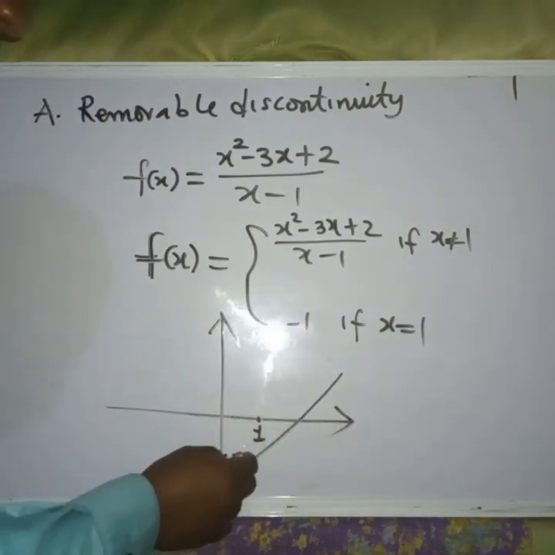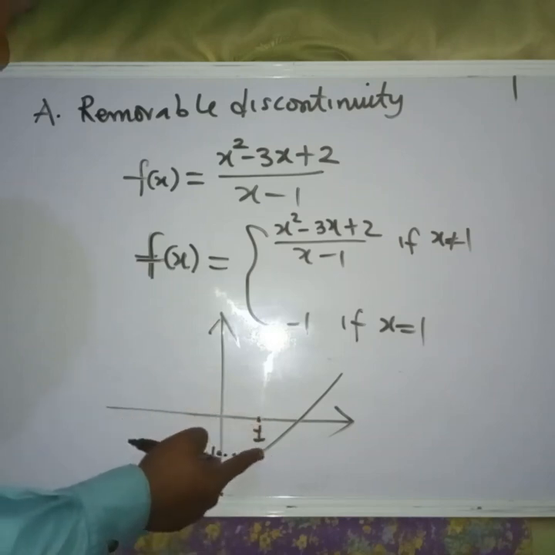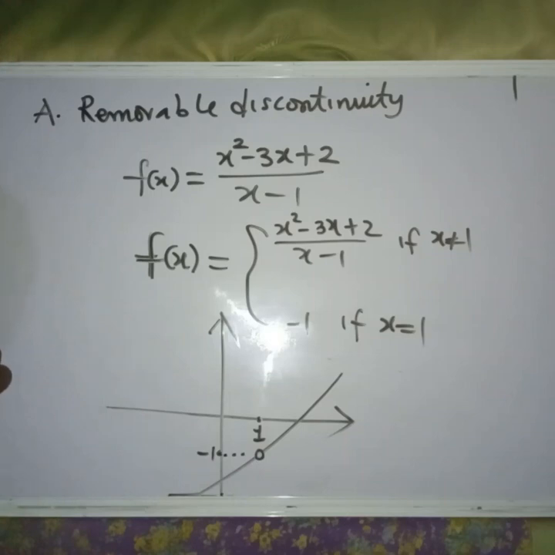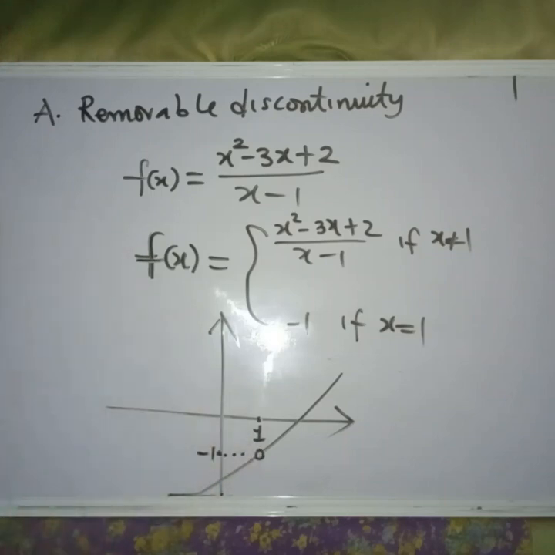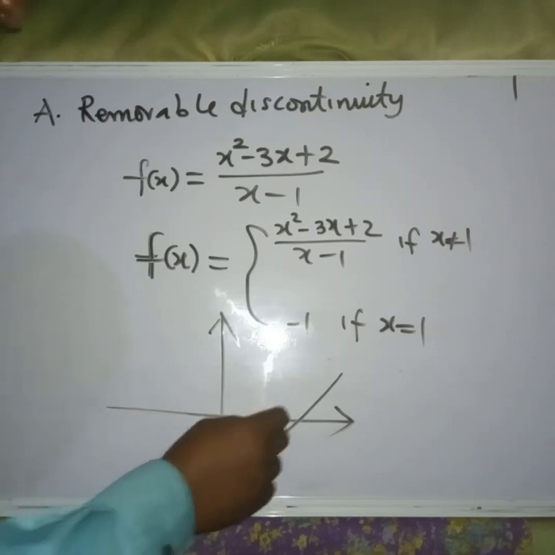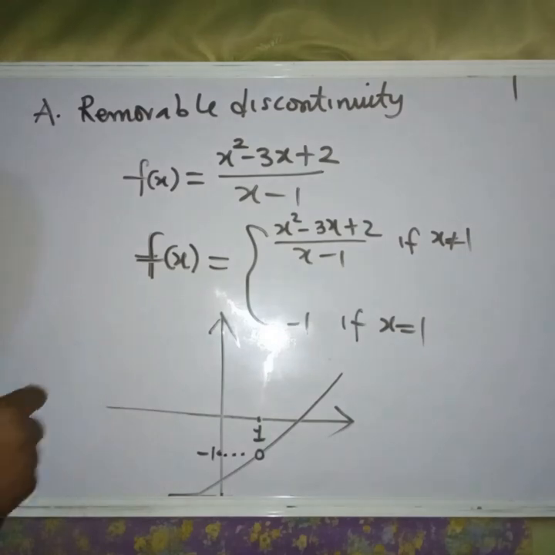At this point, when x tends to 1, the point that was removed is this point on the line, and this line represents the curve x squared minus 3x plus 2 divided by x minus 1. This is what we refer to as a removable discontinuous function.